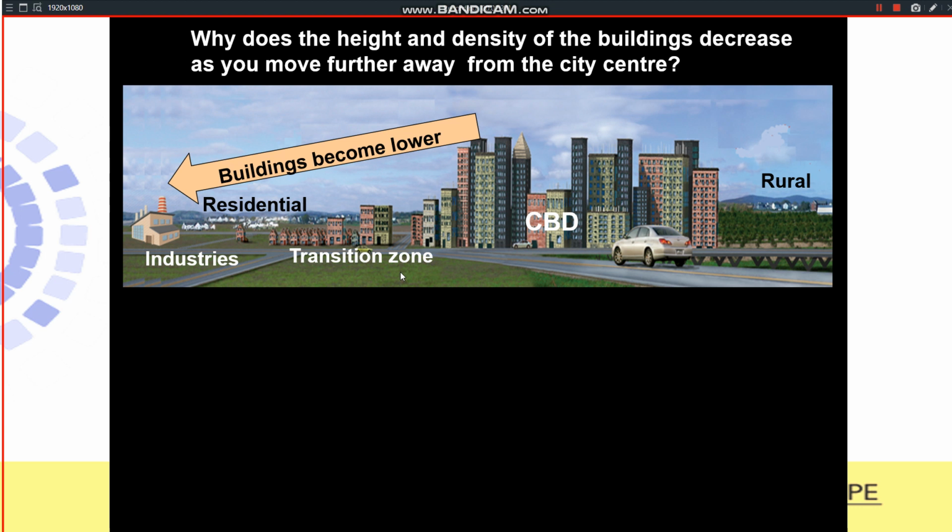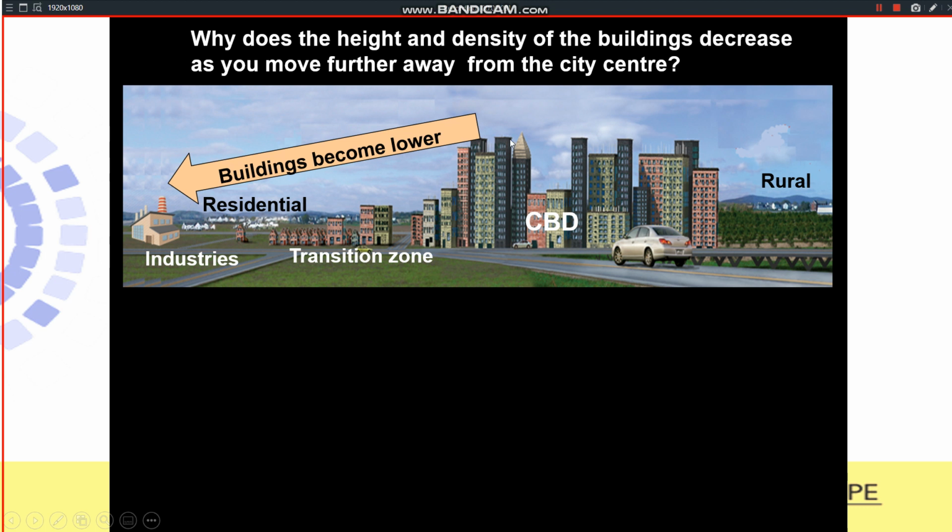Why does the height and density of buildings decrease as you move further away from the city center? You have a diagram here where you see higher buildings over here, and you see that the density, or let us say buildings, become fewer as you move in this direction.